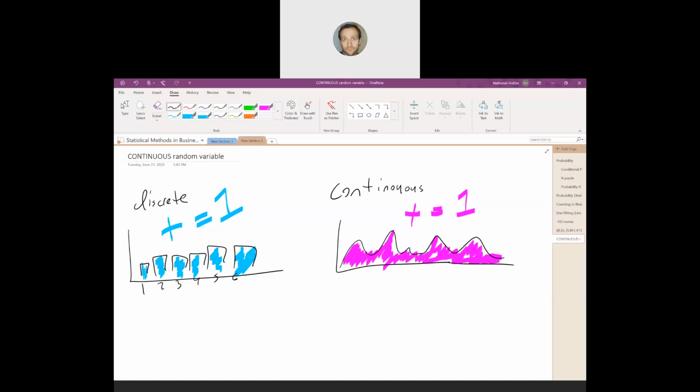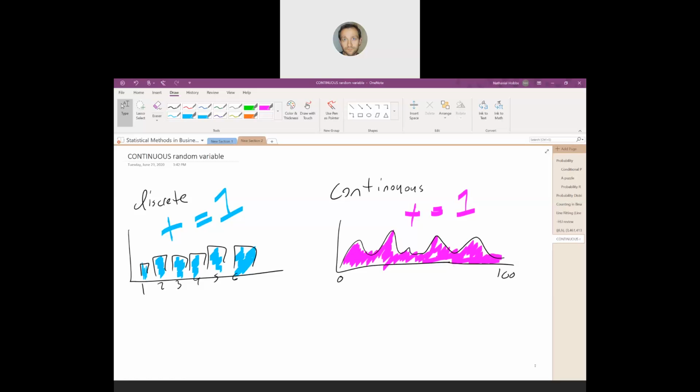So maybe this is 0 and this is 100, I don't care. The area has to equal 1. Always. Otherwise it's something else. You can do whatever you want, but if you want to talk about this area of probability, things equal 1.